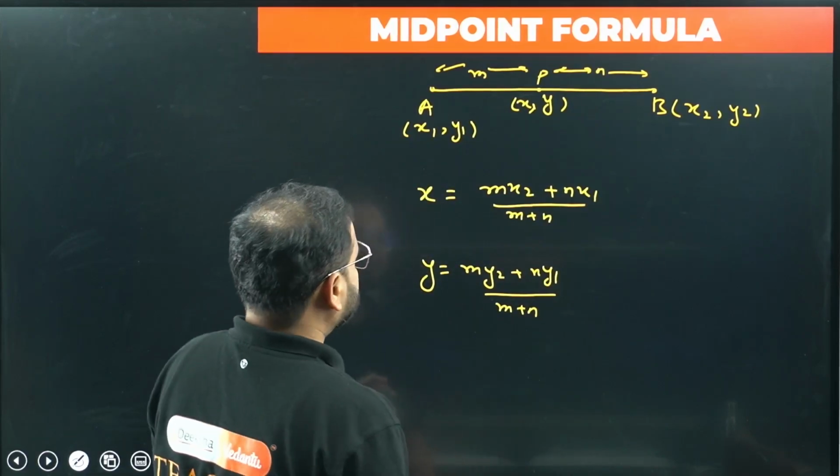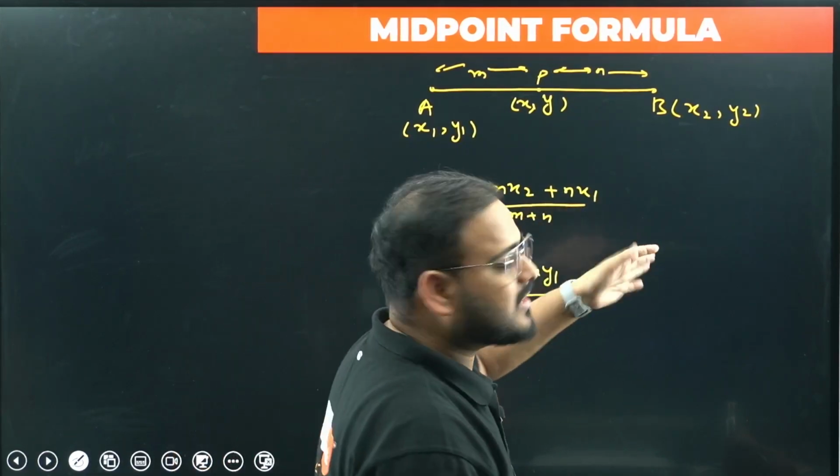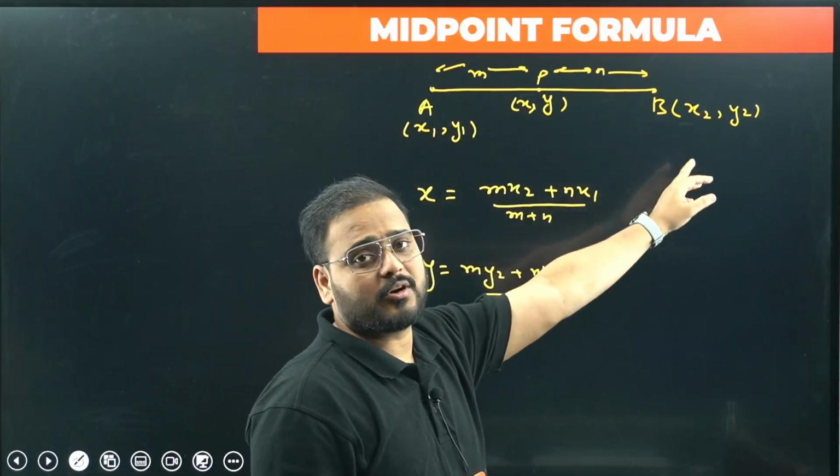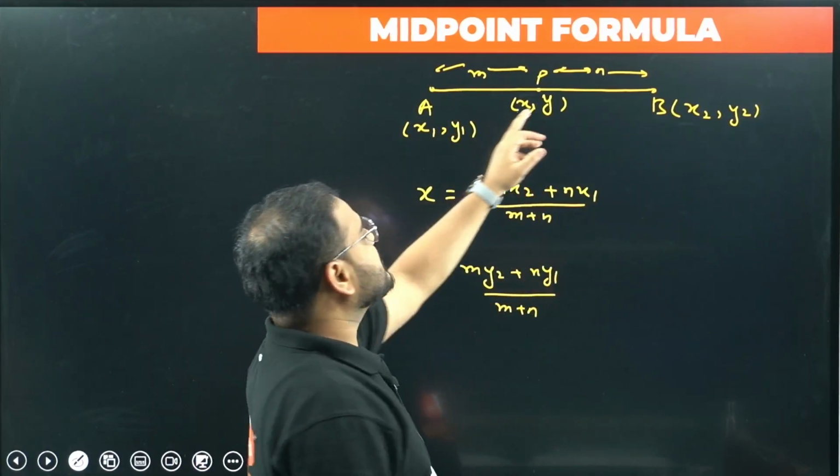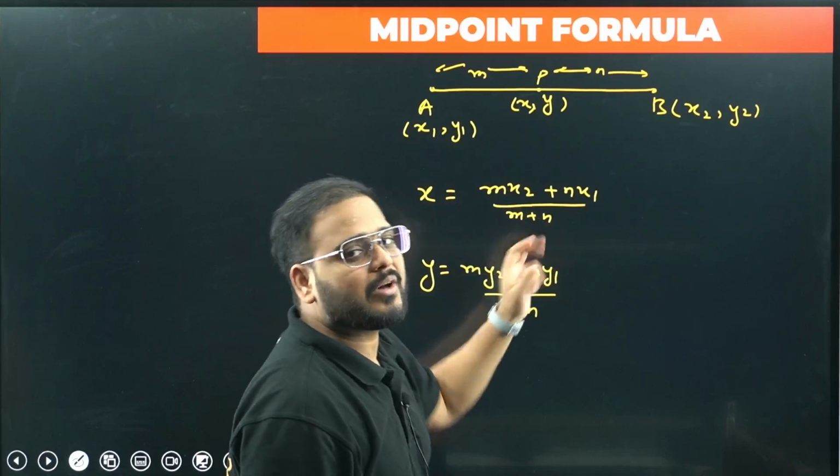Am I right? Yes sir. If I'm taking m, take the farthest coordinate, so of x, that is mx2. Same way for n, the farthest coordinate is x1, so nx1.